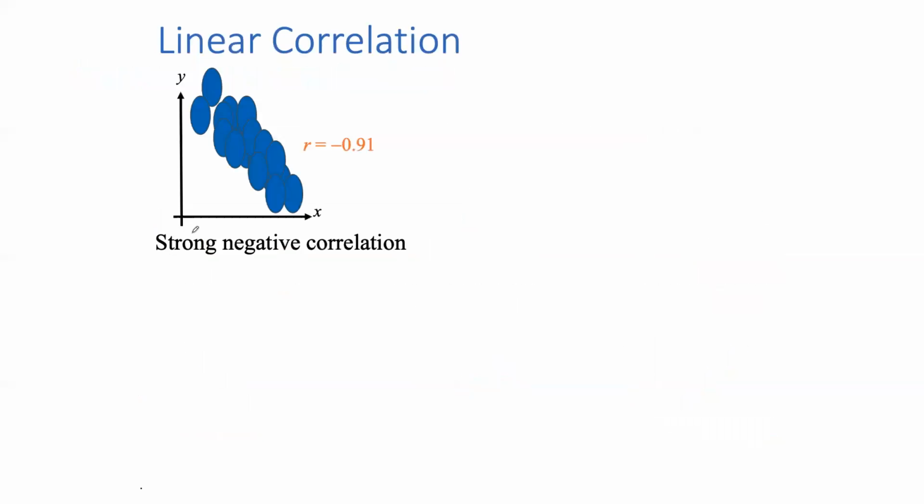Okay. So here's a case where R is -0.91. What kind of correlation is here? First of all, R is negative, so we know that there's negative correlation, and the magnitude here is 0.91. Given that the magnitude is 0.91, it's very close to 1, it suggests that it might not be perfect linear negative correlation, but it's very strong linear negative correlation, right?